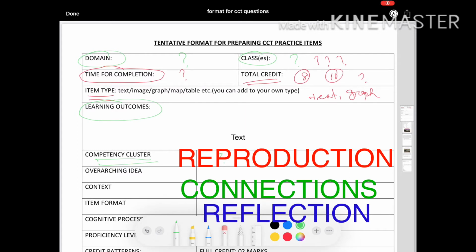If a particular concept is applied directly, means to solve relatively straightforward problems, then you write connection here. If the question consists of mathematical thinking, generalization and requires students to engage in the question, then you write reflection here.